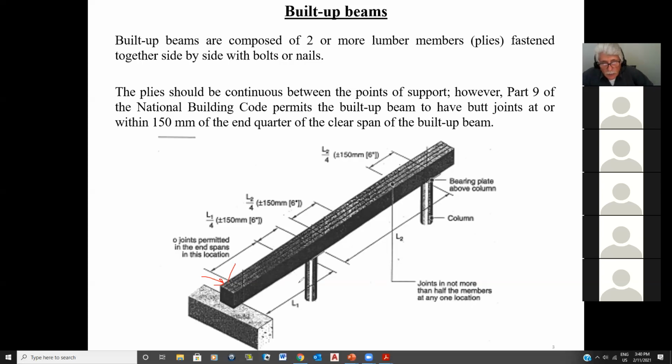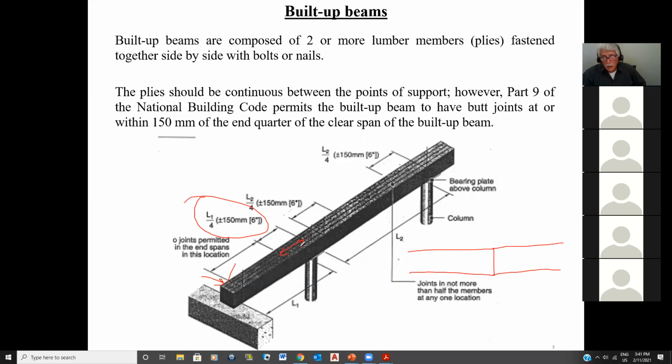Now, what they're talking about is that this is a butt joint, where one member butts up against another member to make the beam. Here, this member butts up to that member. They're saying that at L/4, the quarter of the span, plus or minus 150, this is the only place you're allowed to have those butt joints.